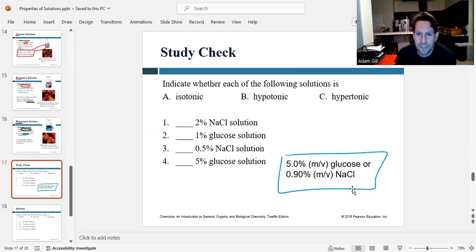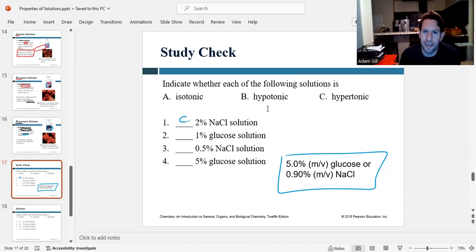Okay. And so if we put a red blood cell in a 2% sodium chloride solution, we see that the 2% is higher than the 0.9. And so a higher concentration is hypertonic. A 1% glucose solution is less than the 5% in the cell.